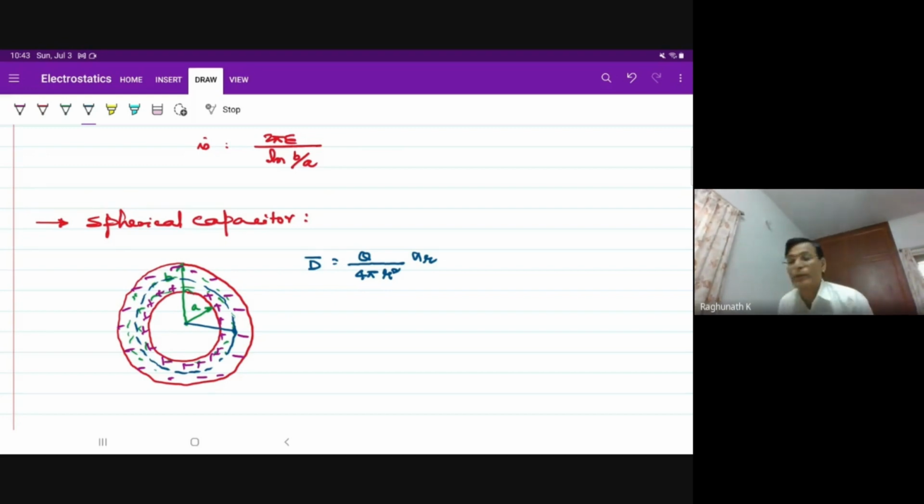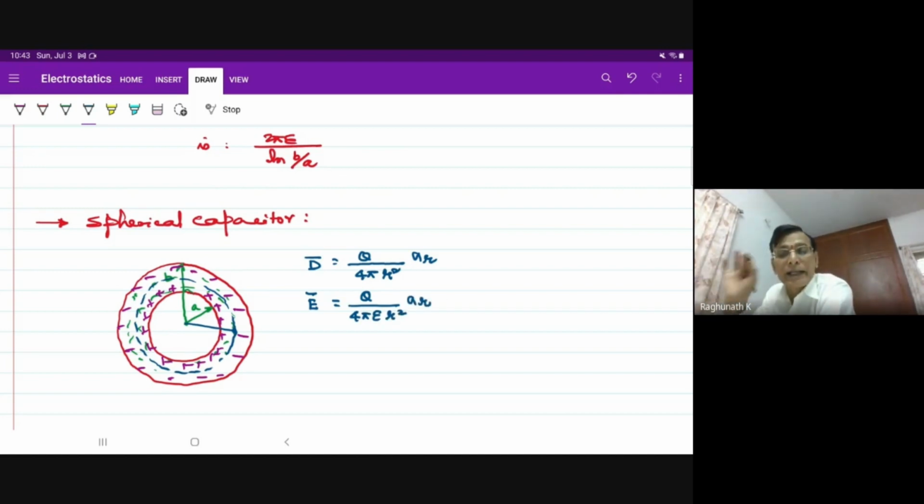So E bar automatically is Q by 4 pi epsilon r squared aR. By r squared, it is telling that it is decreasing with the distance, inversely proportional to the square of the distance.